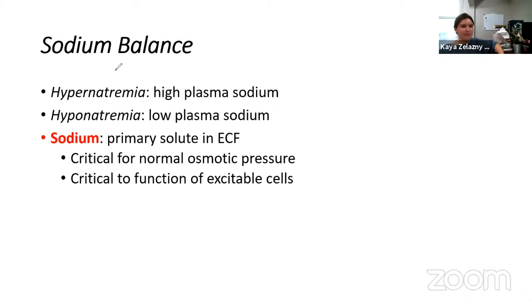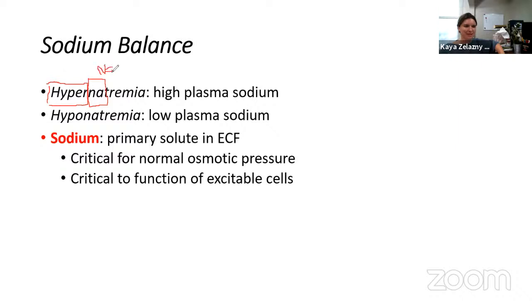So we have words for high levels of sodium versus low levels of sodium. So we're using our normal kind of prefix for high, right? So hypernatremia, right? So kind of nifty here. I don't know if this is on purpose, probably, right? So here's our sodium in the middle, right?